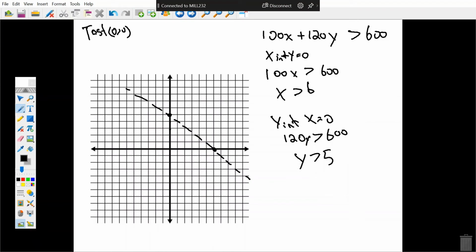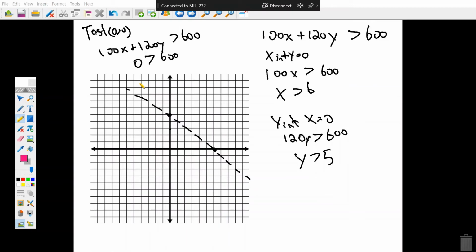If my equation is 100x plus 120y is greater than 600, 0 for x and 0 for y, I'm going to get 0 is greater than 600. Is 0 greater than 600? No, it's not. So if 0 is not greater than 600, that means this point is not in the solution set, so we are actually looking above the line for our answer this time.